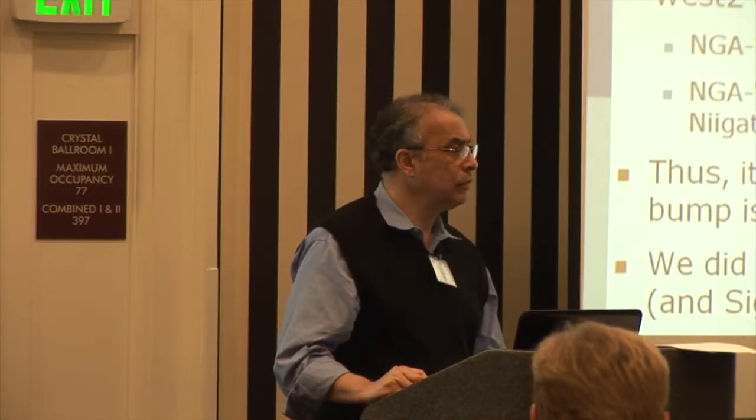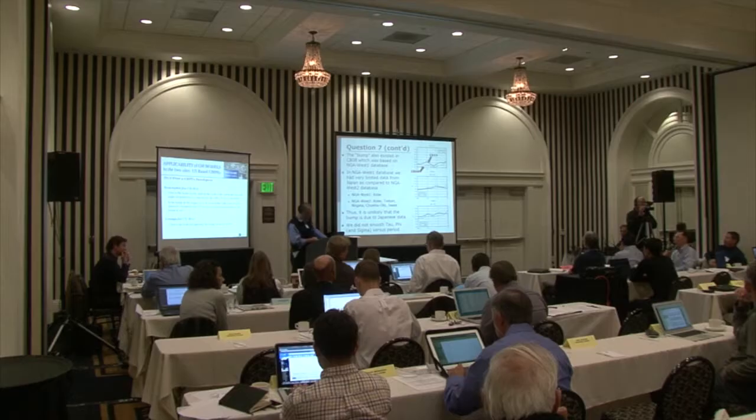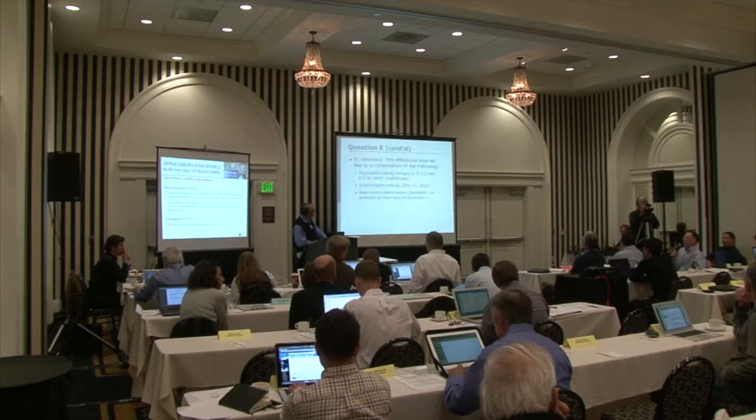Yeah, this is Ken Campbell again, speaking as a proponent. So Tom, yes, we have a VS30 scaling model, and we looked at it very carefully. What we found was that it's very robust, and it's really not correlated with any other parameters. So basically, we could put it in and fit it with the rest of the parameters, and it didn't really matter whether we put in other parameters or took them out.